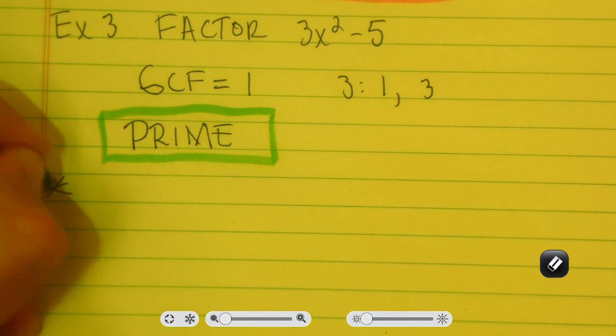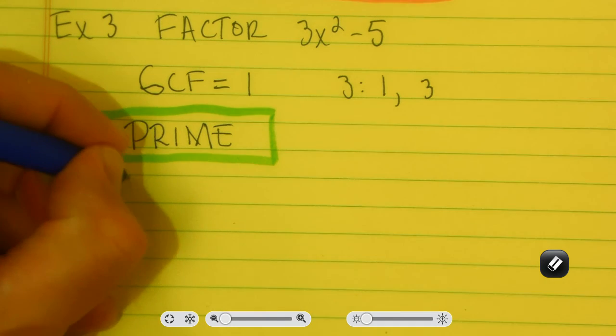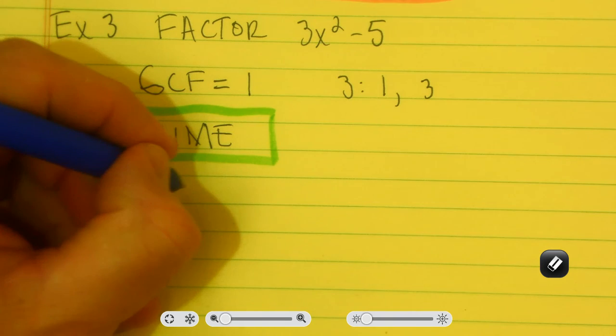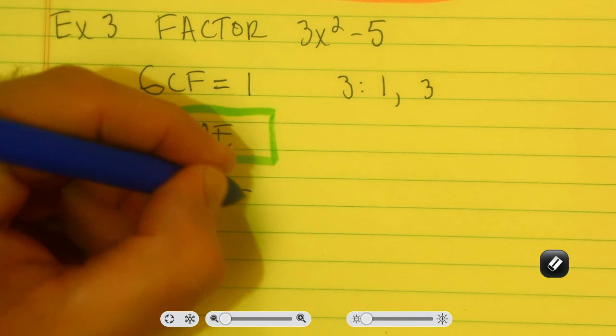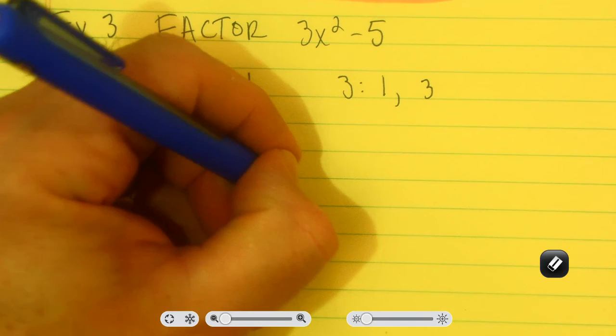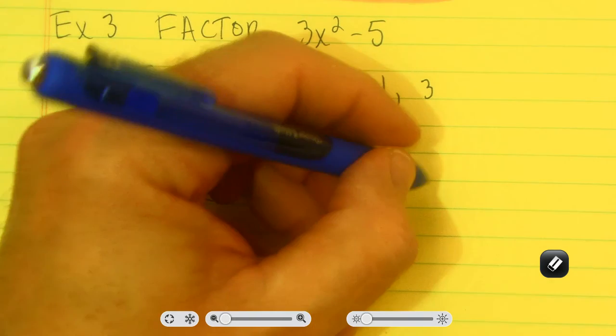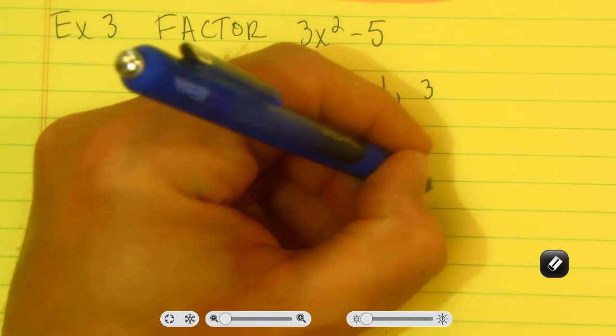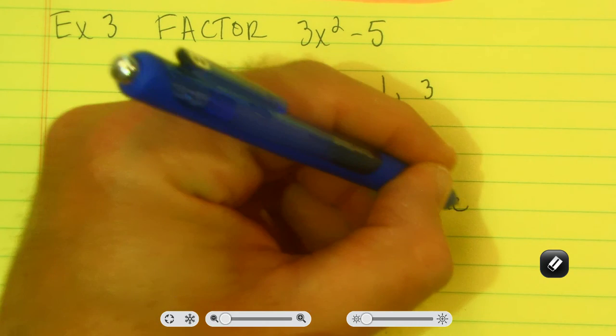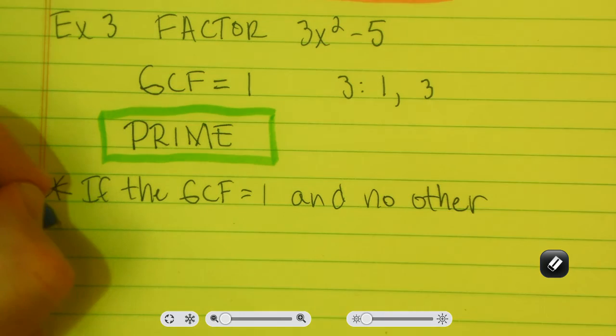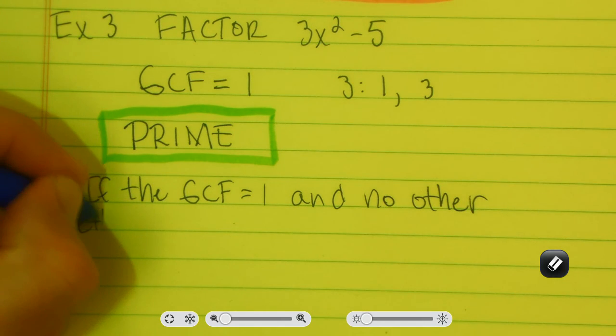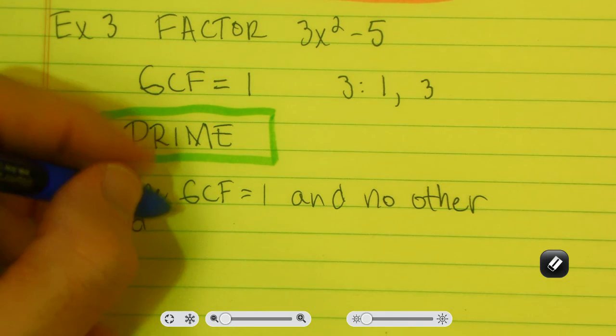If the GCF equals 1 and no other method of factoring, of course, at the moment, we only know one method, then that polynomial is prime.